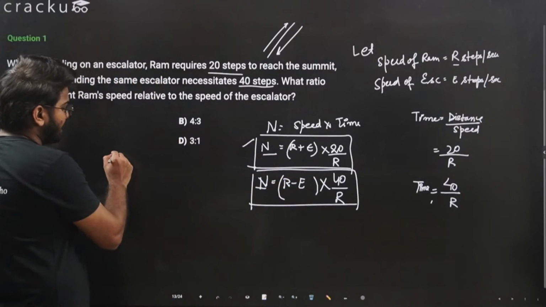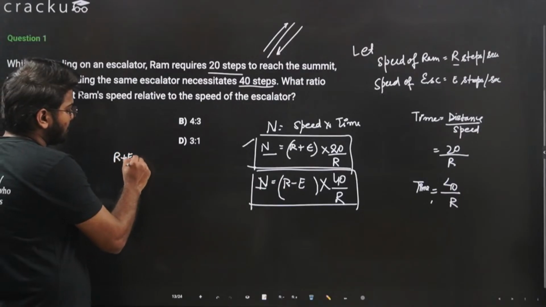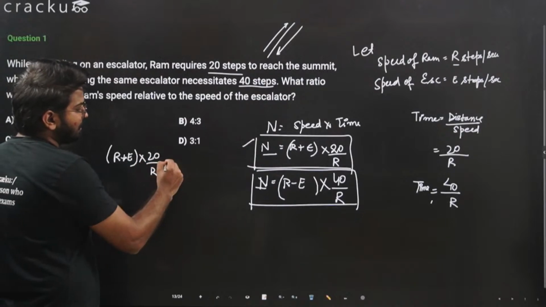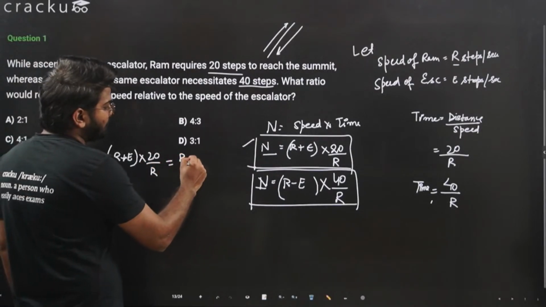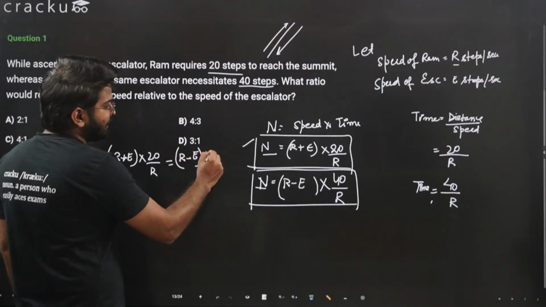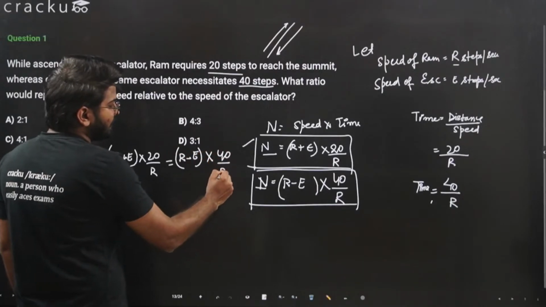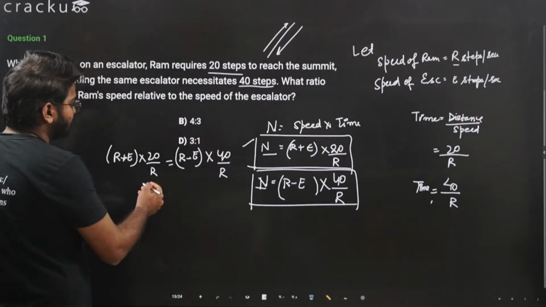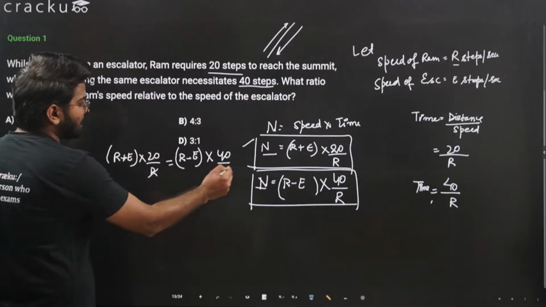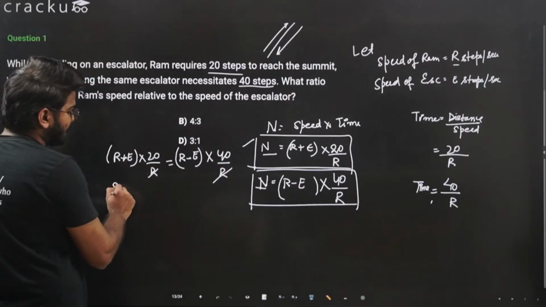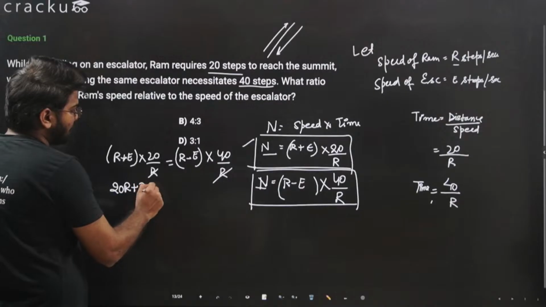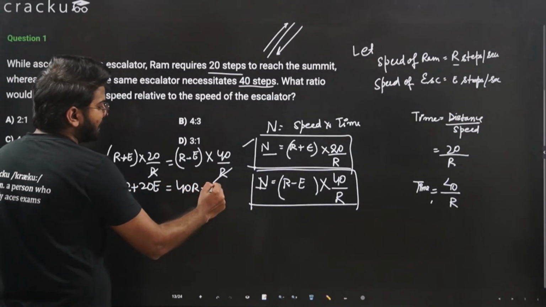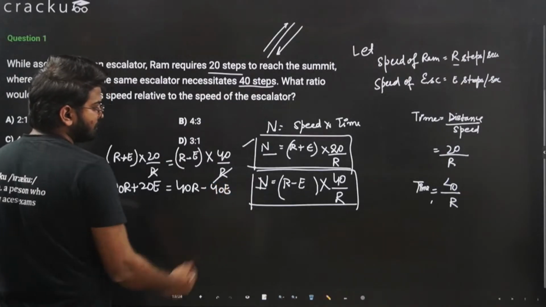So we can say r plus e into 20 by r is equal to r minus e into 40 by r. We can cancel out r on both sides. We have 20r plus 20e is equal to 40r minus 40e.